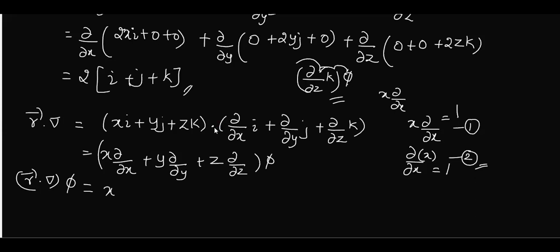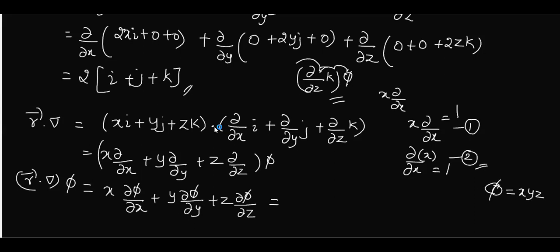It will be X dou phi by dou X plus Y dou phi by dou Y plus Z dou phi by dou Z. Clear? Now what is the value of phi? Phi is xyz. I write directly here because somehow we have simplified it.